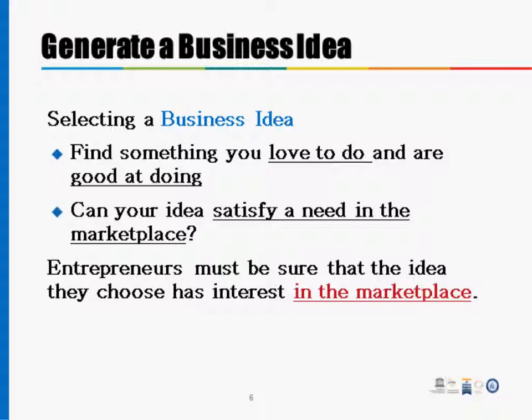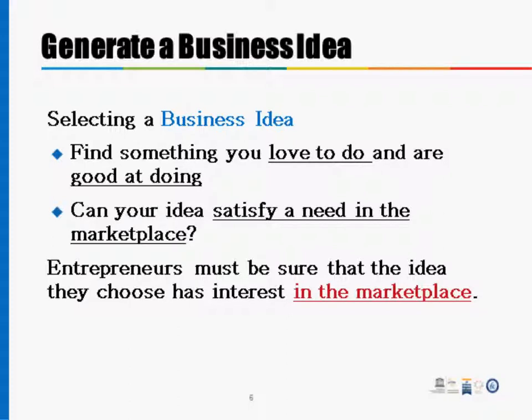When you develop your idea, your product or service should satisfy the needs in the marketplace. You can develop any product, but your product should be acceptable in the marketplace. So entrepreneurs must be sure that the idea they choose has interest in the marketplace.